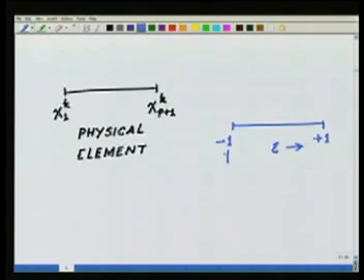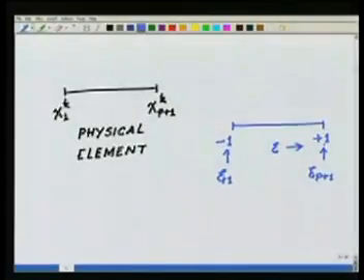So this I can say is the point psi 1, psi p plus 1. This master element is again an interval which is of size 2, and it always goes from the point -1 to +1. So this is called the master element.